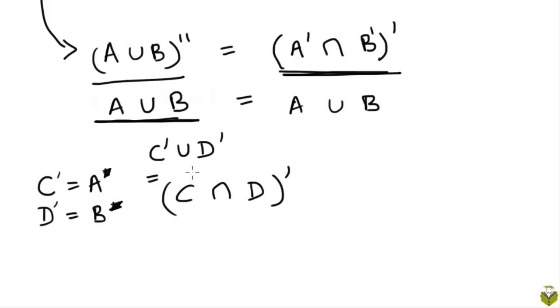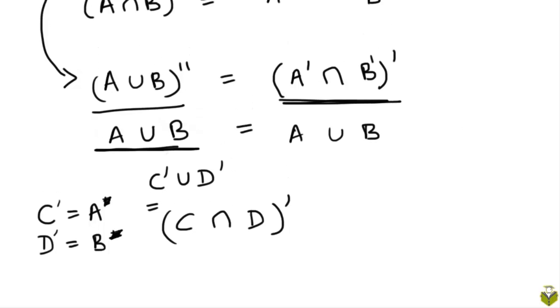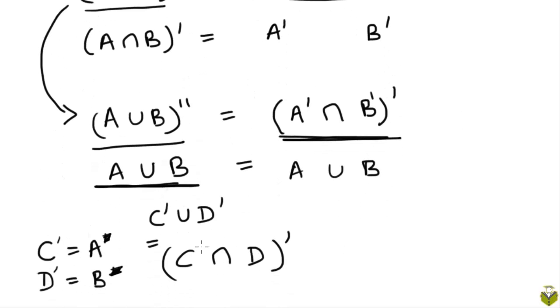Now because A and B were general sets, C and D are also general sets. So we can say that in general, if we take the complement of the intersection of two sets, then that would be the union of the complements.